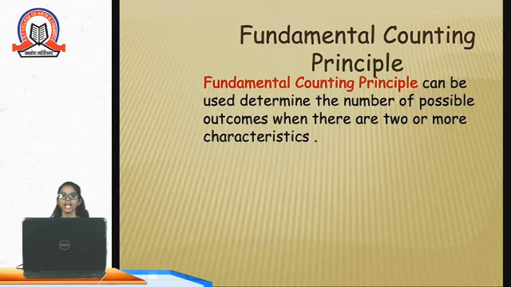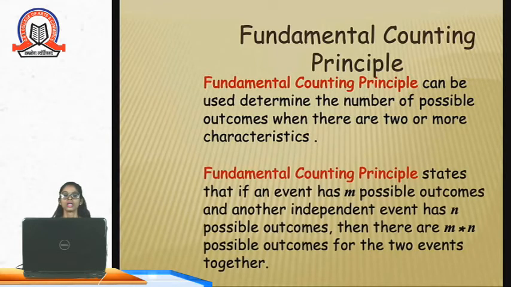If we have two events, event A and event B, first you find the possible outcomes of each event. It states that if event A has m possible outcomes and another event has n possible outcomes, then the total possible outcomes is m into n. Multiply the two outcome possibilities.